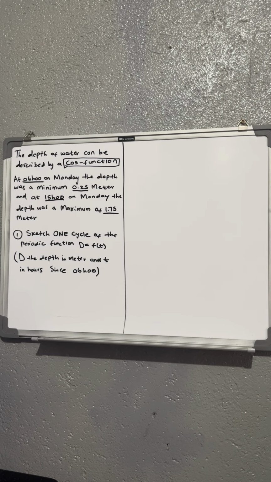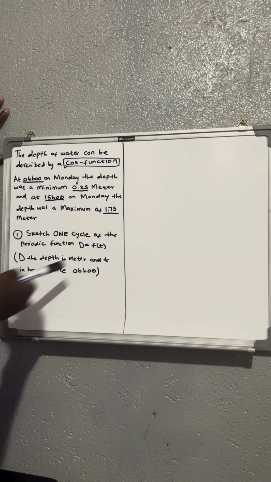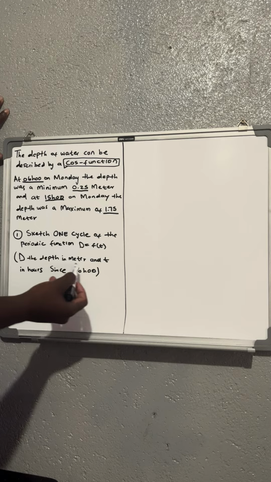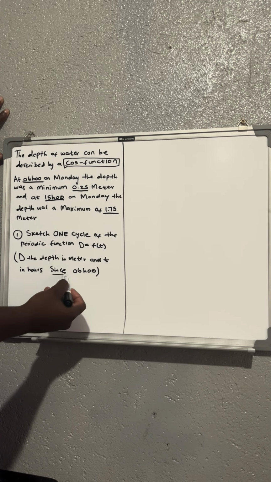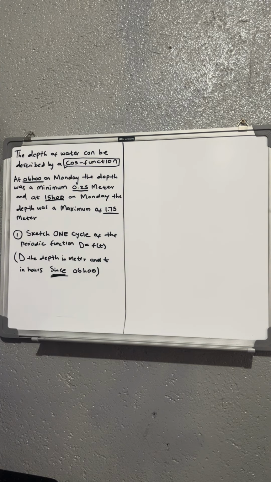So you see now the key detail that gives you the starting point. They've told you that d equals f of t, so you have the depth in meter and t in hours since 6 o'clock. Now it tells you that from the beginning, this is like those same examples where you're drawing a graph and they're giving you t equals 0.